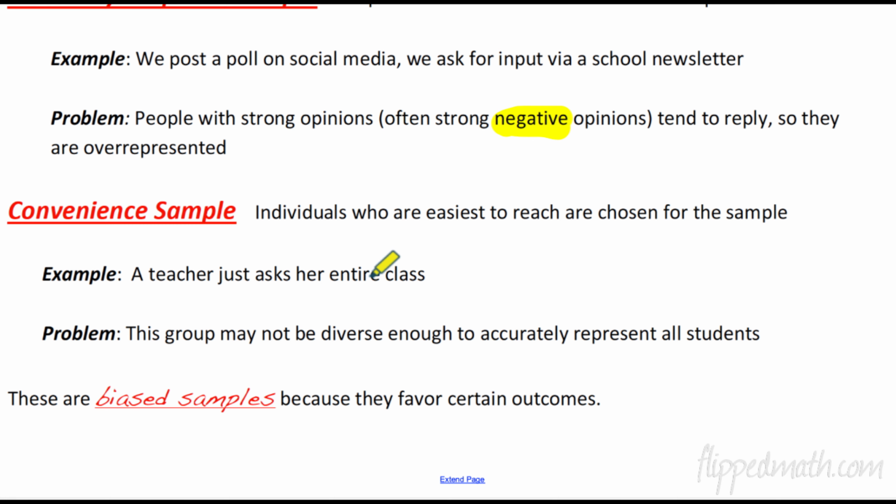You have AP calculus classes. You have PE classes. You have freshman classes. See, they're not representative of the entire population. So even though it's convenient, it's not necessarily a good sample that represents the population well. Okay? These are biased samples because they may favor certain outcomes. If you ask the seniors, it's going to tell you what the seniors want, not necessarily what everybody wants. Okay?